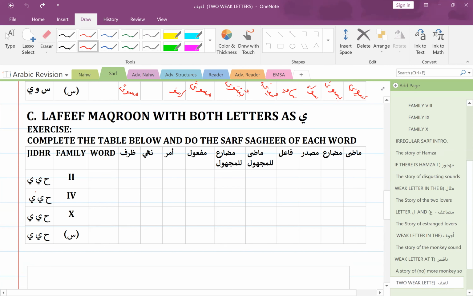Sometimes you can put the yas together, especially in family one, because in family two muda'af doesn't make it irregular. It's pretty much normal. So this one is going to be normal, but of course it's going to be naqis. Normal but naqis. It's going to be interesting.